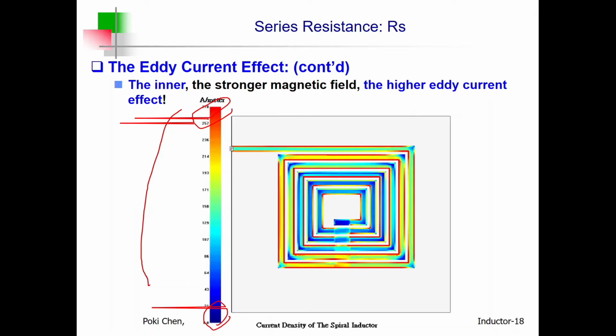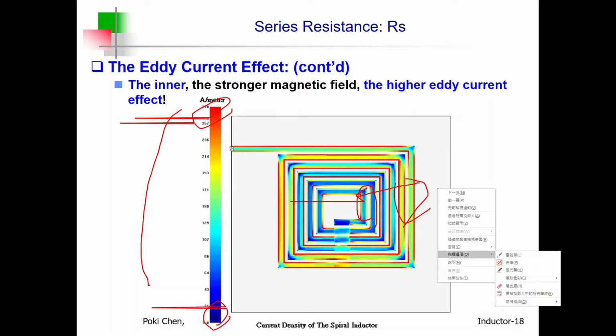Okay? So you can see, as I mentioned already, the impact from the outer coil to the inner coil: the inner ones face more impact from the eddy current, from the skin effect.